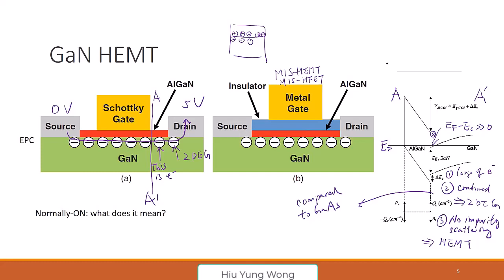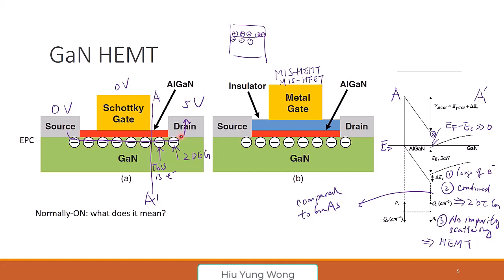Now, based on this, if I apply zero bias to the gate, do I have current? No, we just have leakage current. No, yes, no. I apply 0 to gate bias to source, but I apply 5 volt to drain. Do I have current to the drain?